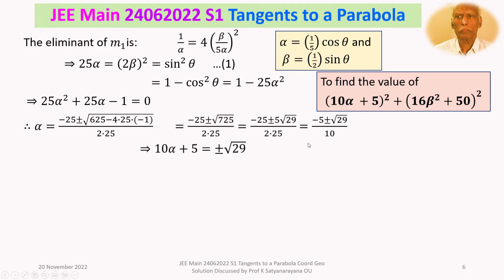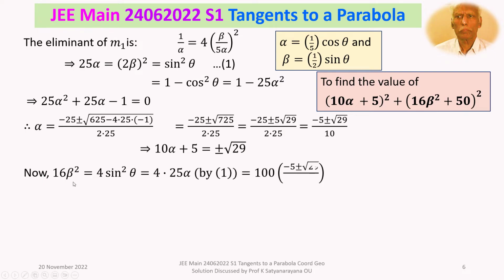Now 16 beta square, we will try to get 16 beta square. 16 beta square is equal to 4 sin square theta, because 2 beta is sin theta, so 4 beta square is sin square theta. So 16 beta square will be equal to 4 times sin square theta.